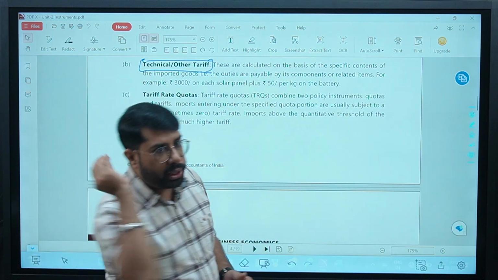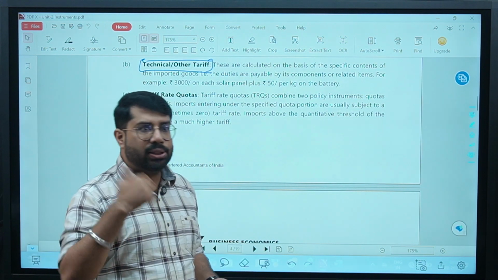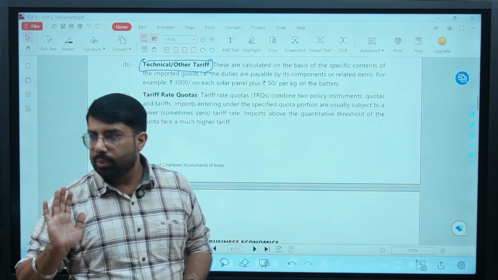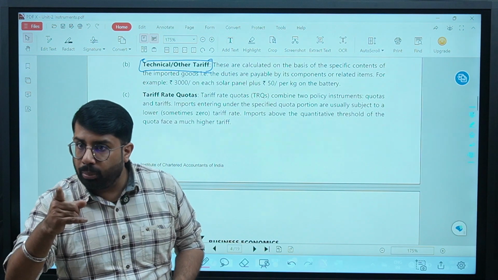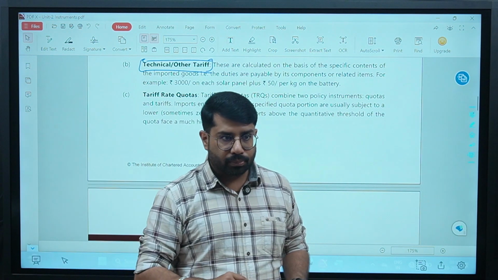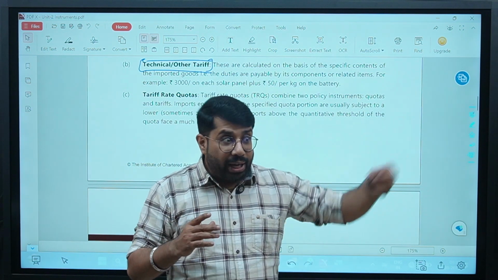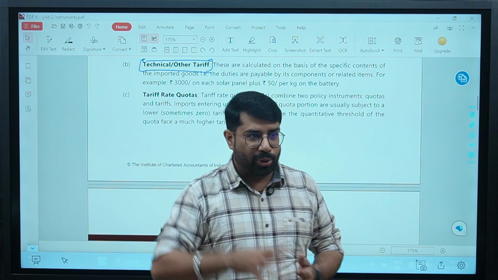When you are exporting goods, and when I say goods, I am assuming finished goods here. You can export raw material also, but when I say goods, I am assuming finished goods here. So when you are exporting finished goods, in national income, I told you, export is injection and import is leakage. You remember this thing, yes or no?